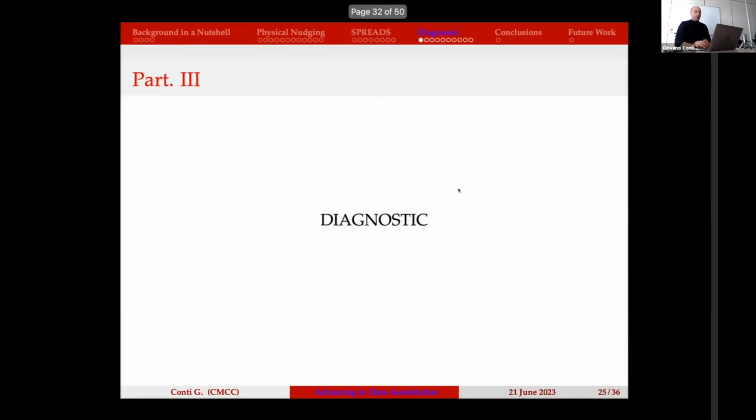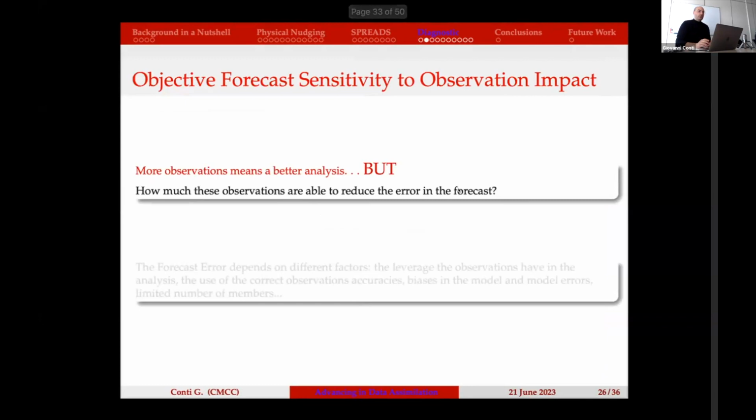But then we also need, beside the common diagnostics, to understand if our forecast is improving or not. And we need to do this in the most objective way we can.